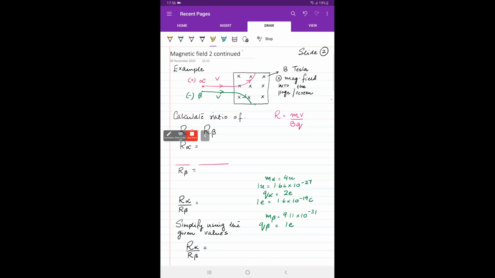let's start by calculating the ratio of radius of alpha is to the radius of beta.